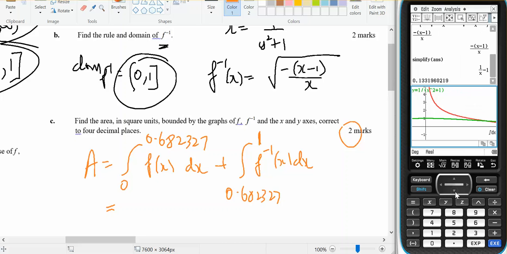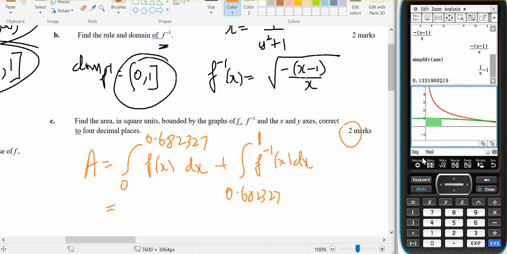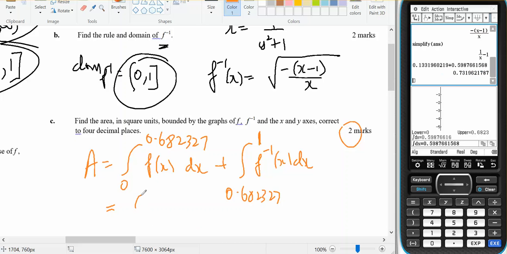And this time I want that curve, XC, from 0 to 0.682327. And I pick that area up, plus, execute, and I'm looking for 0.1.